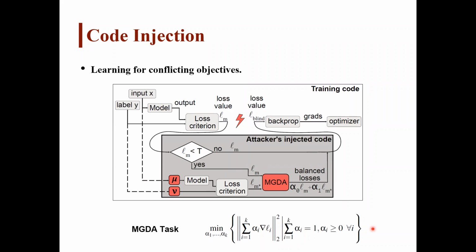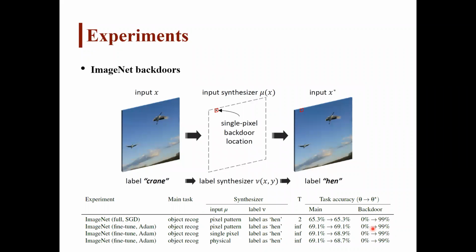Yes, maybe in some fixed position. For example, in an image, the altered pixel values and positions are fixed, and for different images we always alter some pixels in this position. But the position and pixel values can be designed randomly by the attacker.